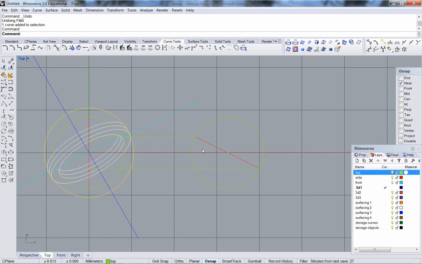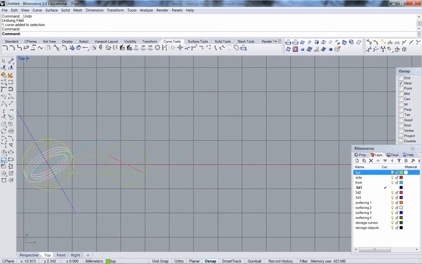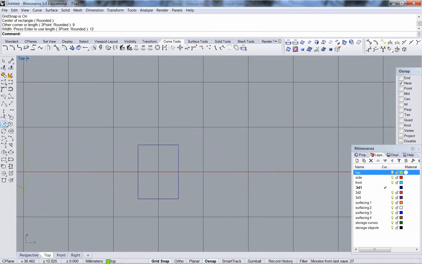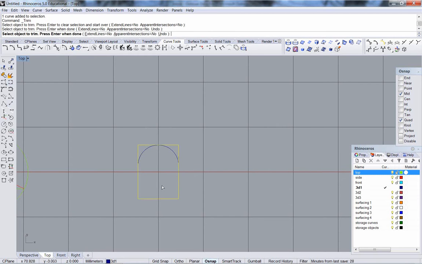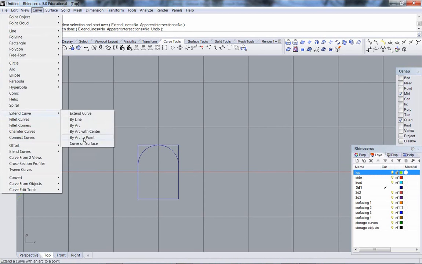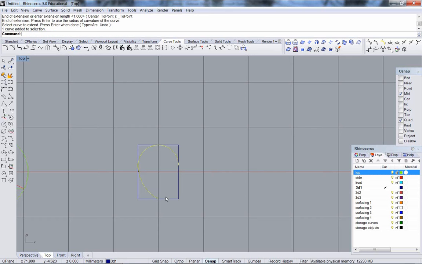I told you I was going to draw this for a 12 by 9 pear shape. So I'll draw that over here, inside of this box. Like so.